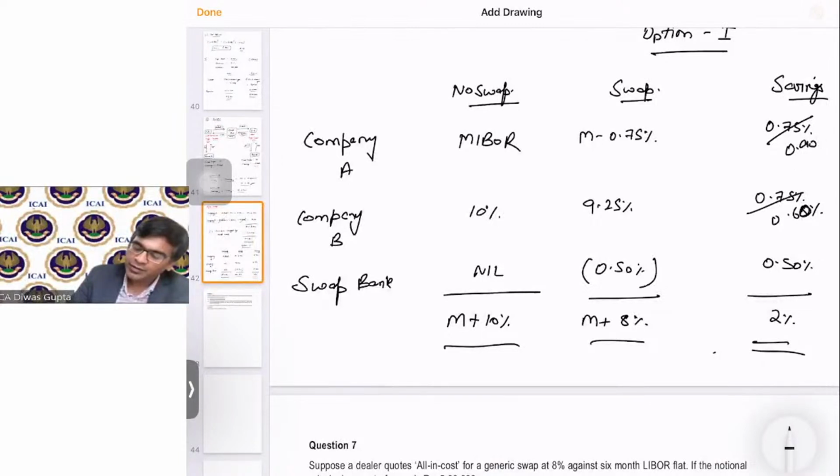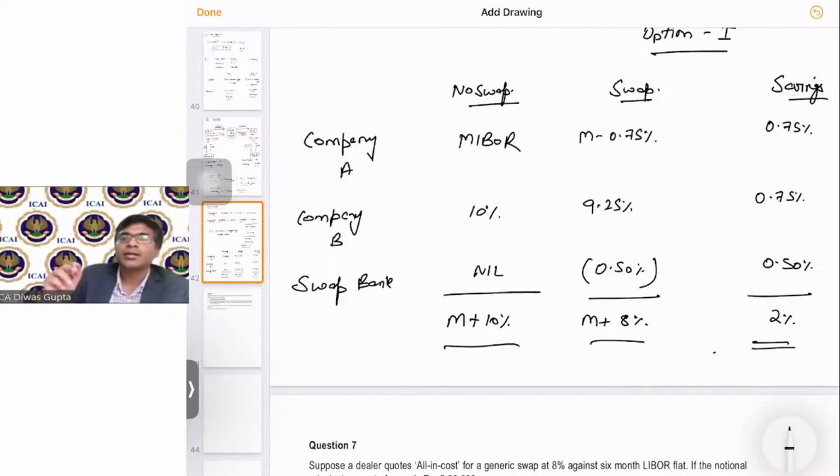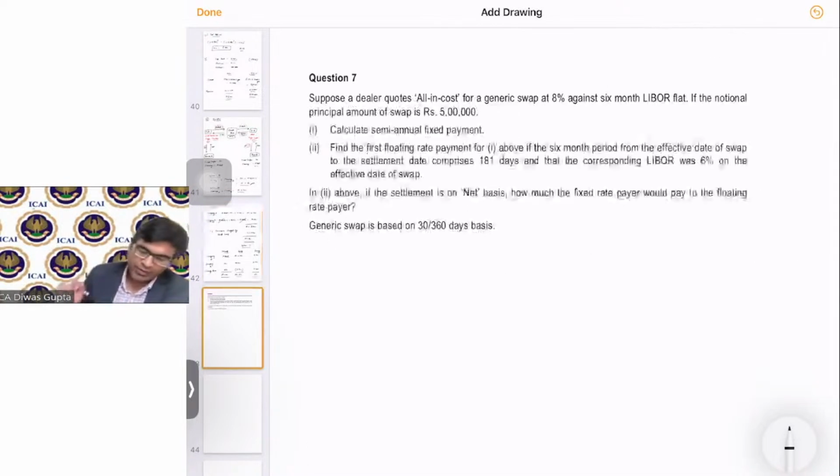Okay. So this is just a perspective that I'm giving. As of now, though, what Swap Bank has done, Swap Bank has equally distributed 1.5% between company A and company B as 0.75, 0.75. Okay. Perfect. Let's go to this.